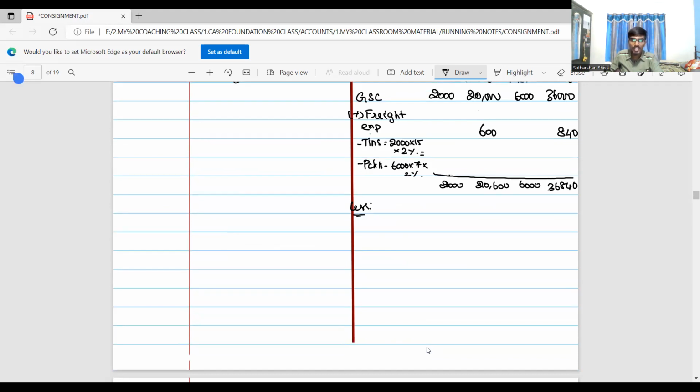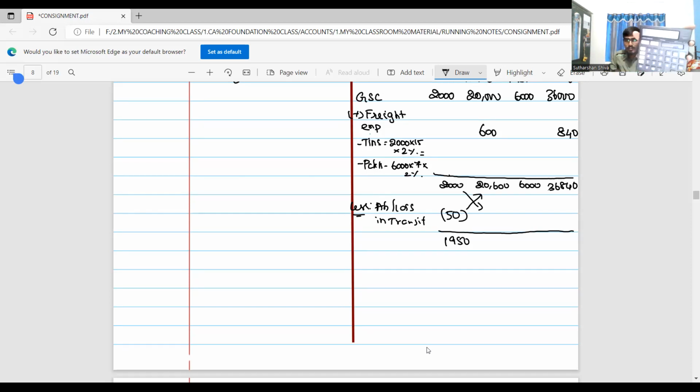Then there is only a loss. There are no consignee's non-recurring expenses. So abnormal loss in transit. They said 50 tins have been damaged, have been lost. So you need to cross multiply and take a calculator. 20,600 into 50, you will get 10,30,000, divided by 2,000.